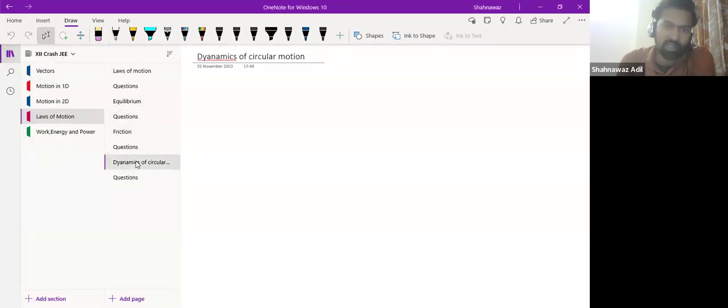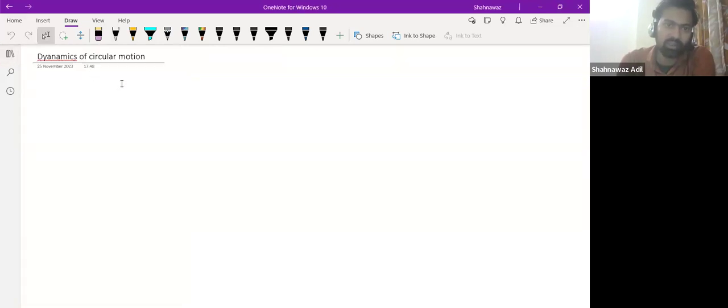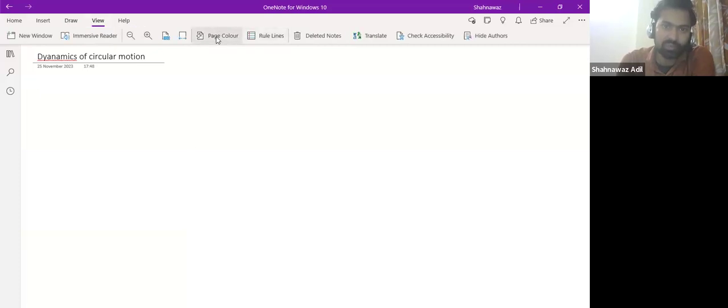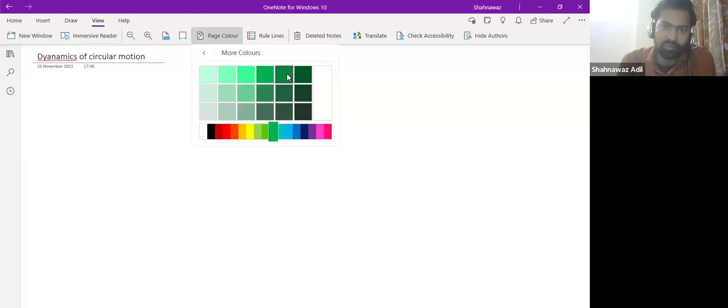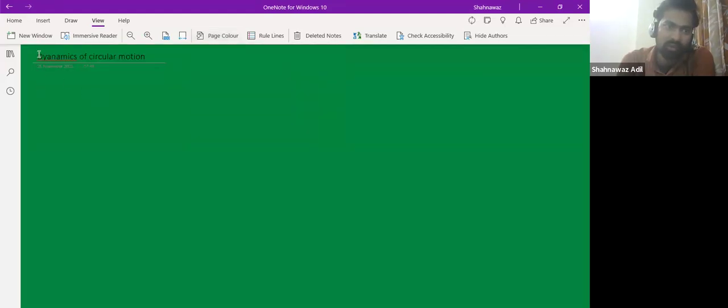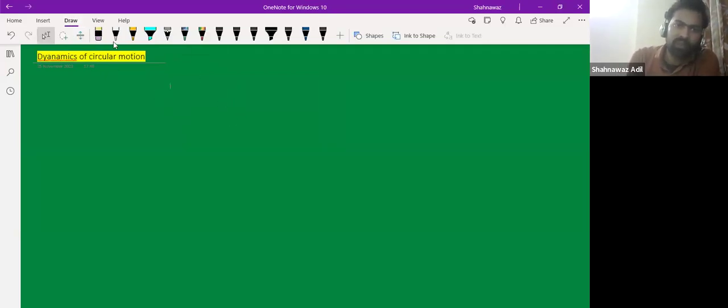Okay, then let us understand dynamical circular motion. In this part, we have to remember that we have two conditions: one is the unbanked road and the other one is the banked road.